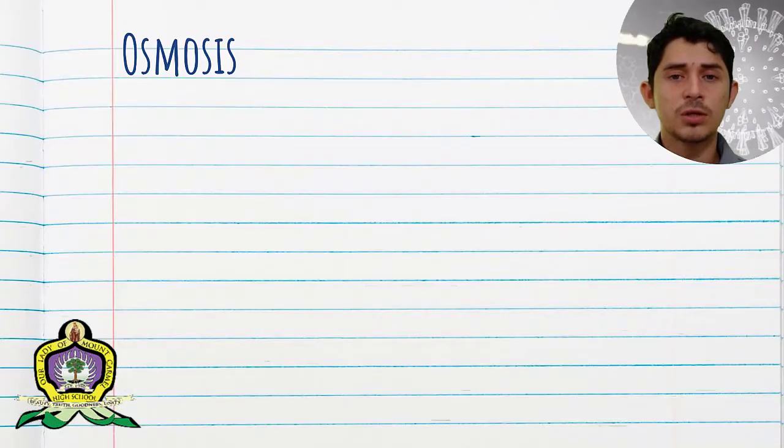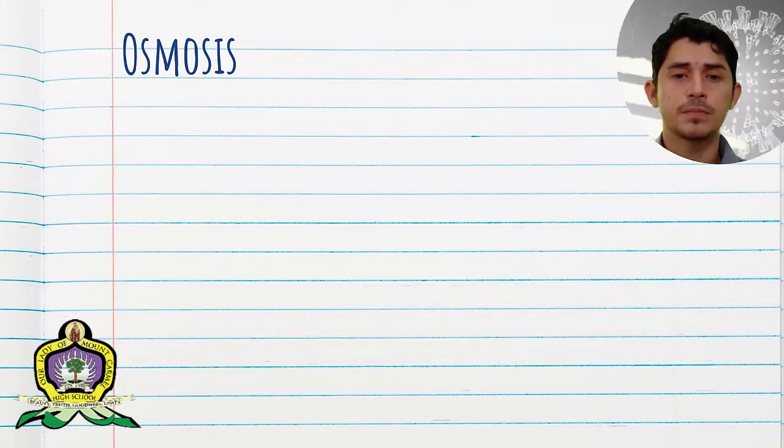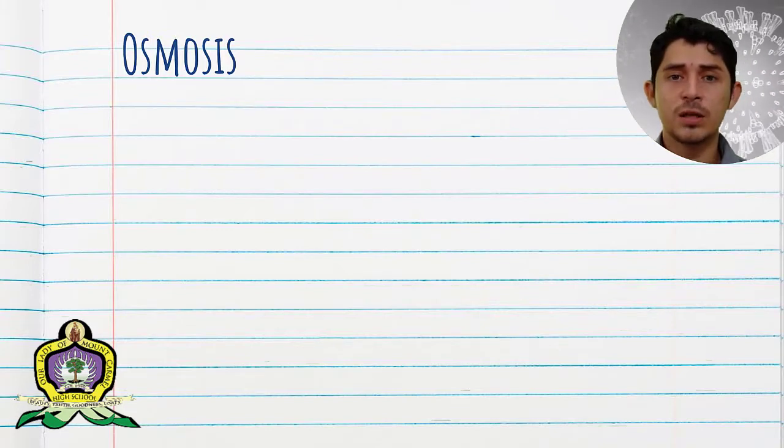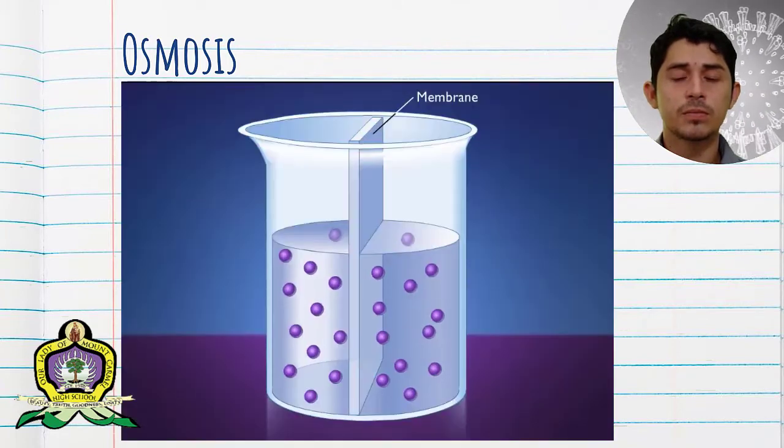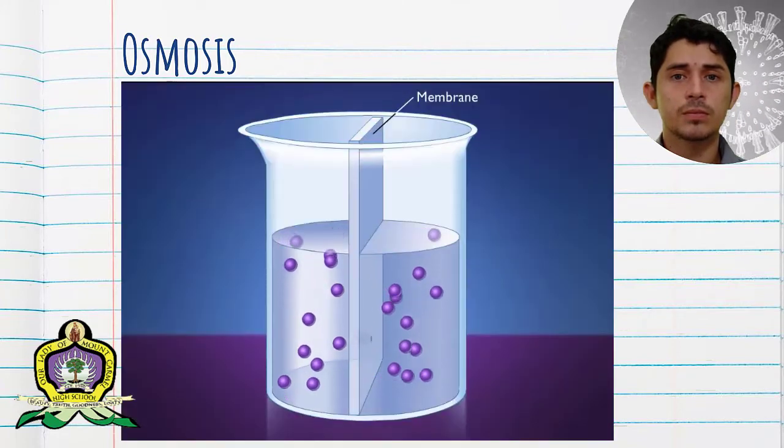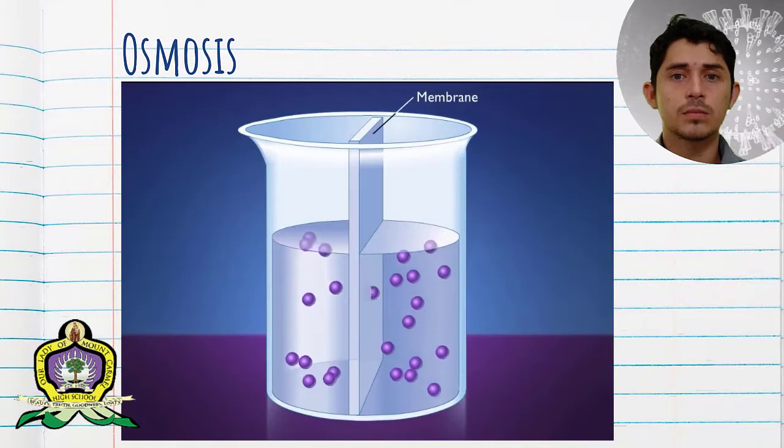Now we will discuss how osmosis can prove the particulate theory of matter. As you can see in this video, which will play now, osmosis is a type of diffusion. So let me play the video for you. Diffusion is the net movement of molecules down a concentration gradient.